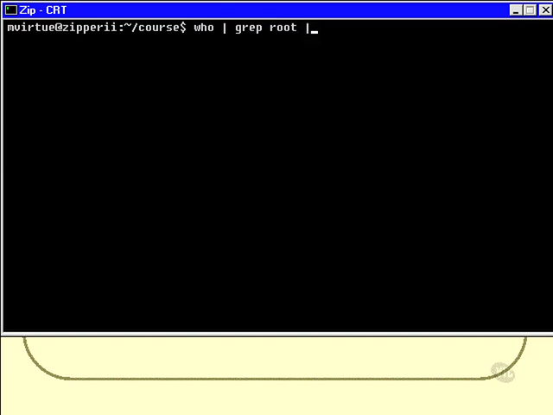Now you haven't seen grep yet, but you will shortly. What grep root does is it filters that list down till I just see the lines that contain the word root in them. Then I send the results of that to wc -l, which counts the number of lines produced by the grep program. So instead of seeing all the instances of root being logged in, I am now counting the instances and producing a number.